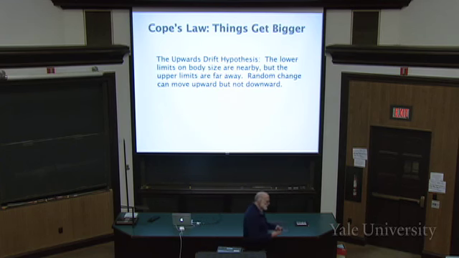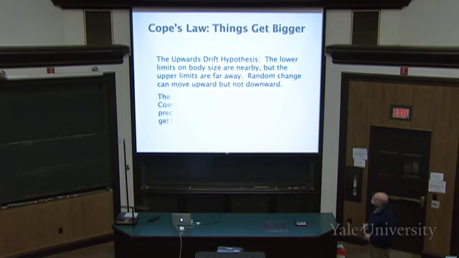Therefore, even though it's been random, we see an accumulation of larger things just because the upper limits are far away, okay? The lower limit on body size is always nearby. It's one cell. You don't get smaller than one cell. But the upper limit appears to be redwood trees and blue whales, and at least at the outset, that's pretty far away. That's up at about 100 meters for redwood trees and about 30 meters for blue whales.